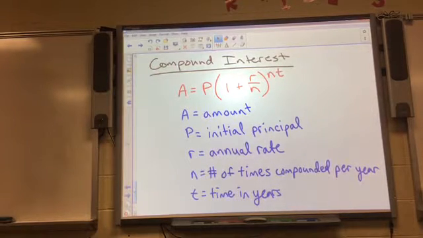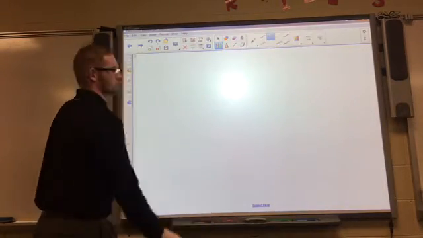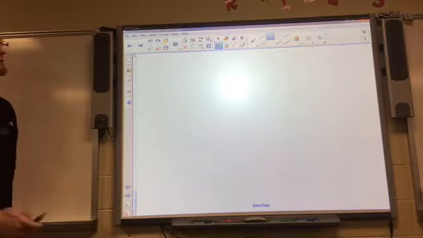Okay, so we obviously have a lot more variables here to work with. Okay, so the example they give us. You deposit $1,000 in an account that pays 8% annual interest. Find the balance after 1 year if the interest is compounded with the given frequency. They give us annually, quarterly, daily. So let's think about some of our numbers here. What's my P?